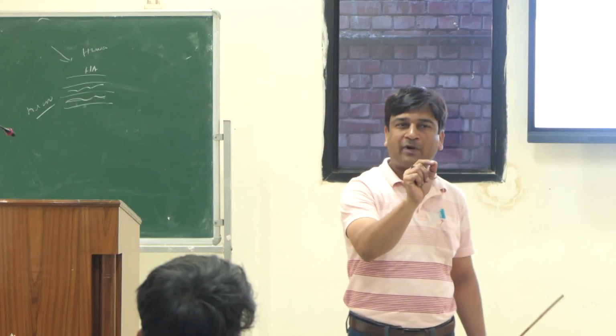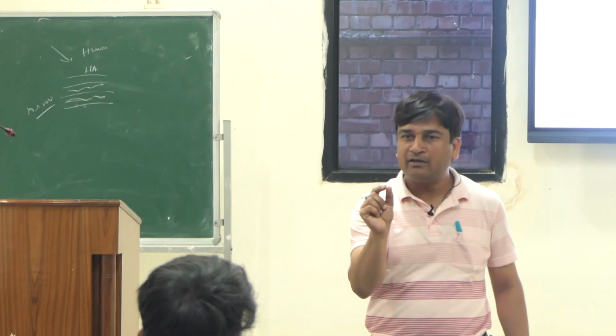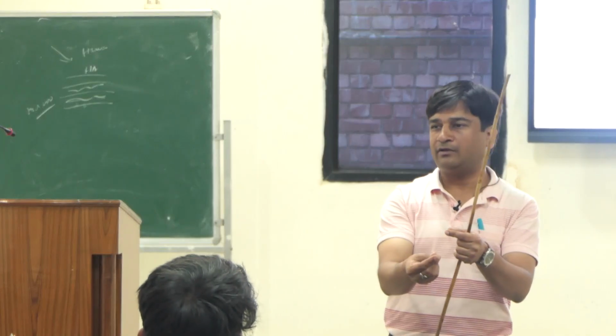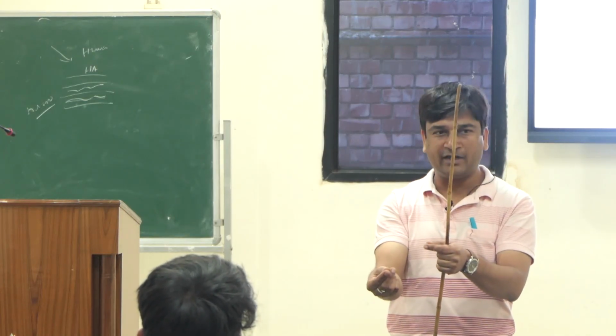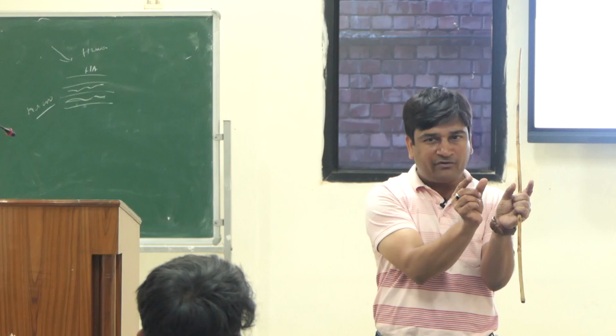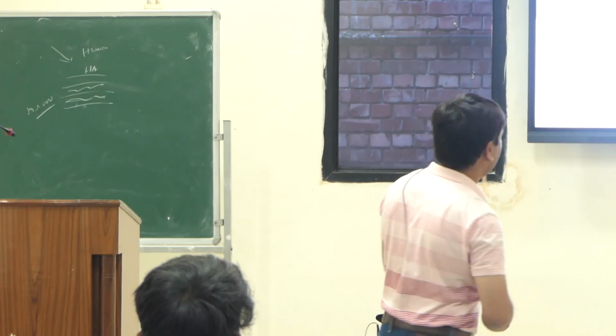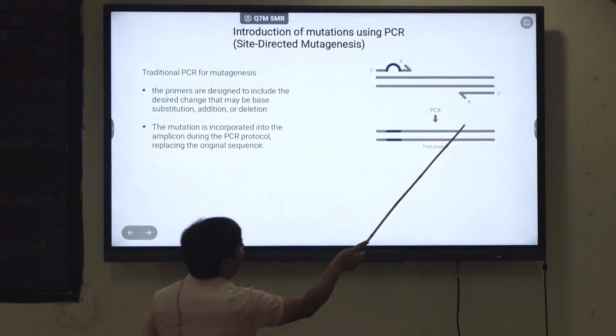Very nice. So in the forward primer, you are going to add the nucleotide sequence that you are interested in adding to the amplified DNA, but with complementary sequence flanking that additional sequence. As you see here, this is the forward primer, right? This is the reverse primer.